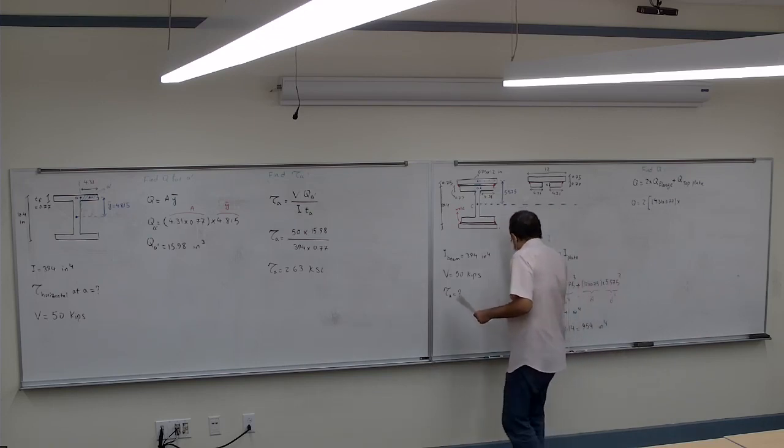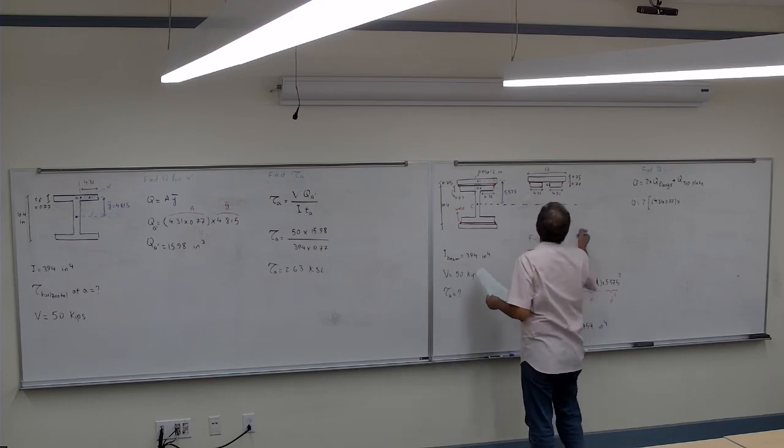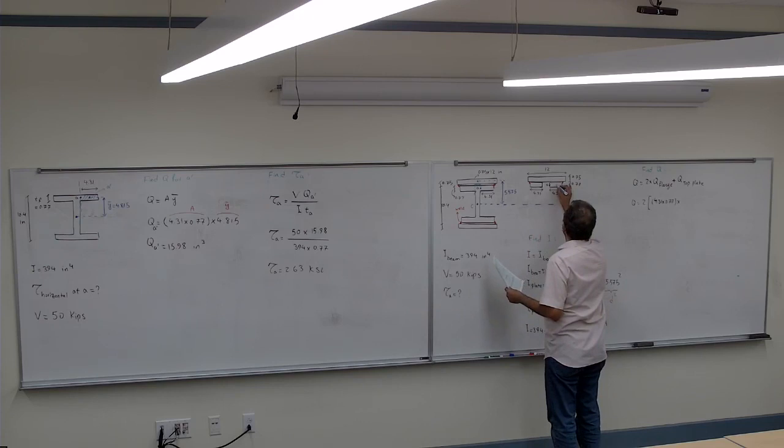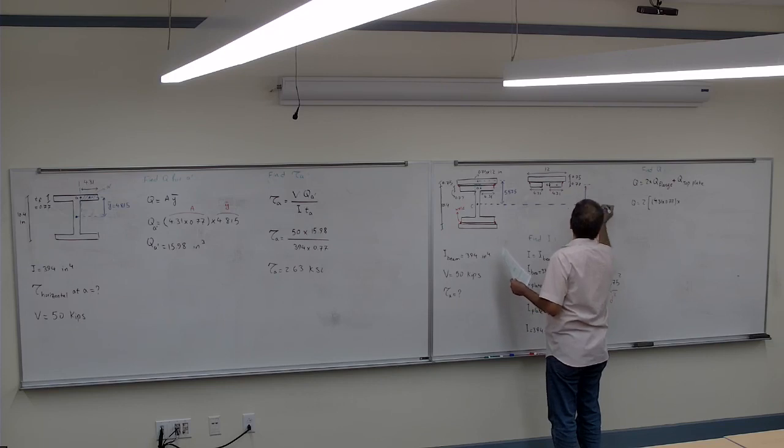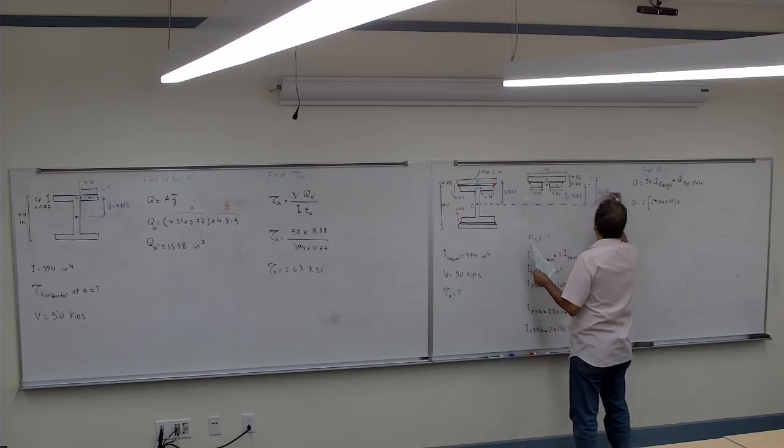Again here, this distance is 4.815. So that's the y bar 1, that's the y bar 2, which would be 5.575.